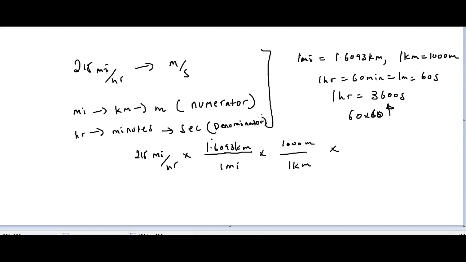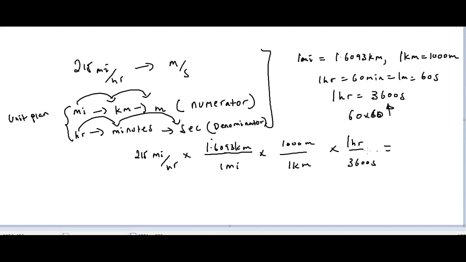Now let's work on the denominator part. Make sure that this is our unit plan here. The plan is mile has to be changed into kilometer, kilometer has to be changed into meter, and the hour has to be changed into minutes, the minutes has to be changed into second. All right, so what I'm going to do is use 1 hour equals 3,600 seconds, so I put 1 hour over 3,600 seconds.